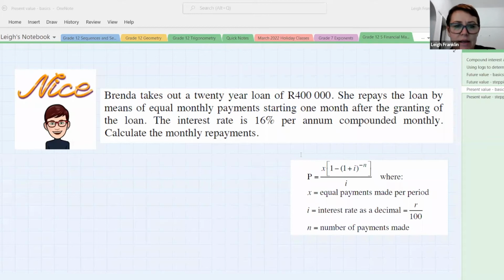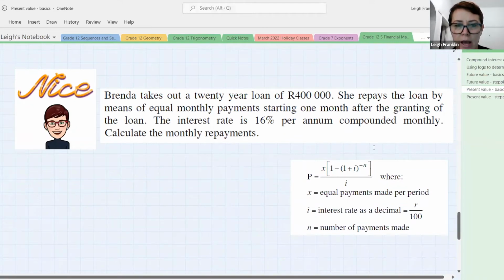Exactly, Kanisile. It's 1 minus because we're using the present value formula, not the future value formula. That's why it's 1 minus 1 plus. I've popped the formula here for you to have a look at again.